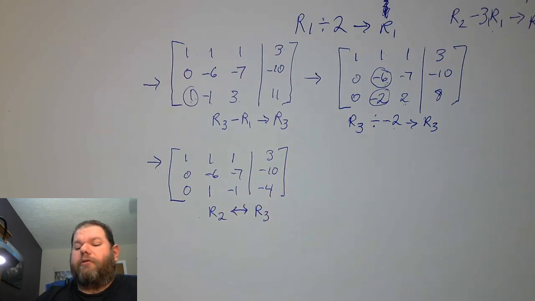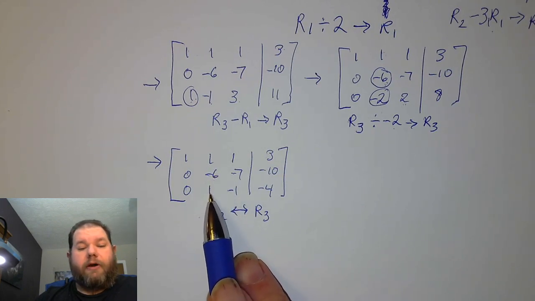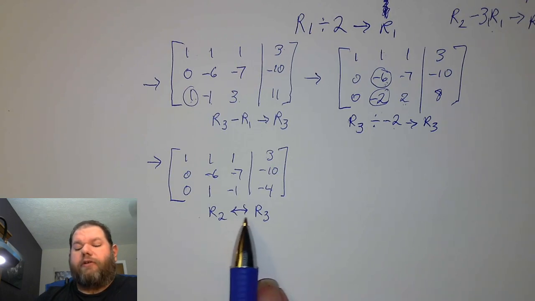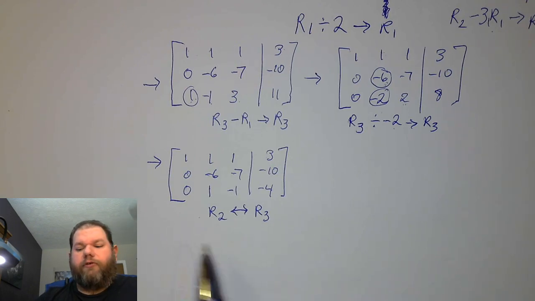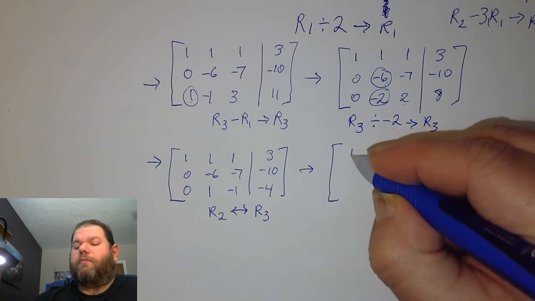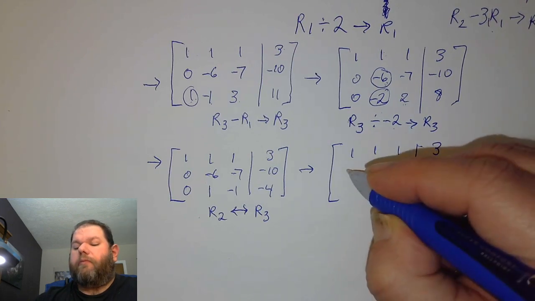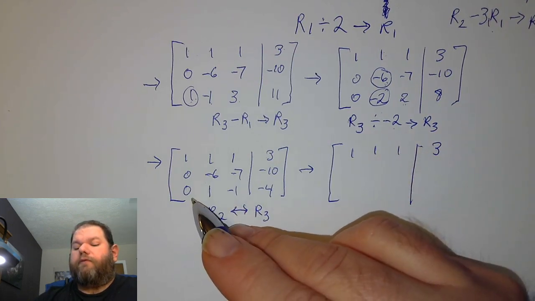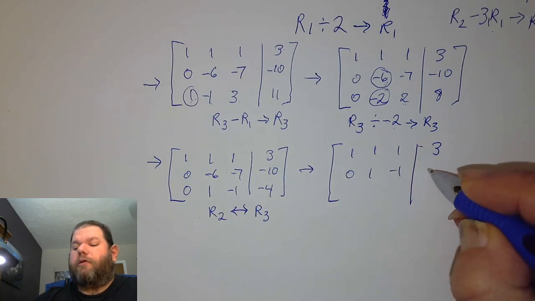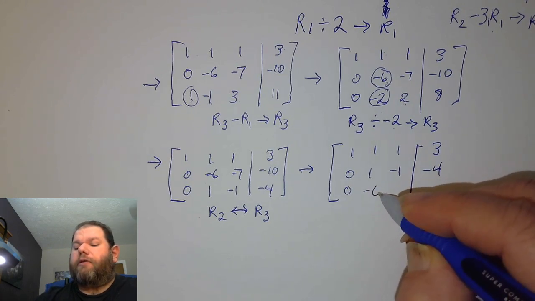Now from here, since we wanted a 1 in that middle, not on the bottom, let's just switch row 2 and row 3. And the notation there is the double arrow, so showing that the two rows switch. So for row 3, we put that on row 2. Row 3, write that down here.